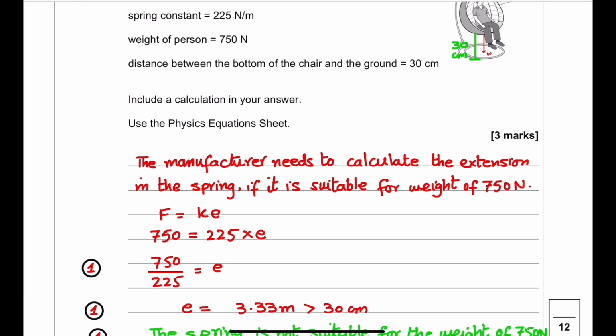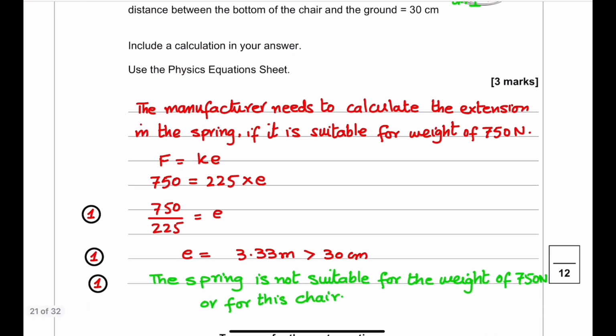Whereas the distance between the chair and the ground is just 30 centimeters. When this person of 750 newton sits on the chair, the extension happens and this chair will start touching the ground. It means that the spring used for this weight of 750 Newton or for this chair is not suitable.